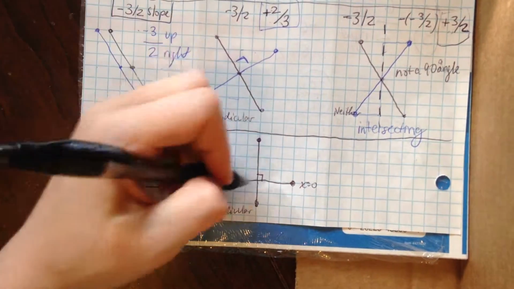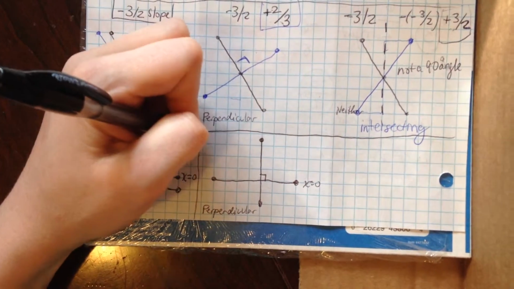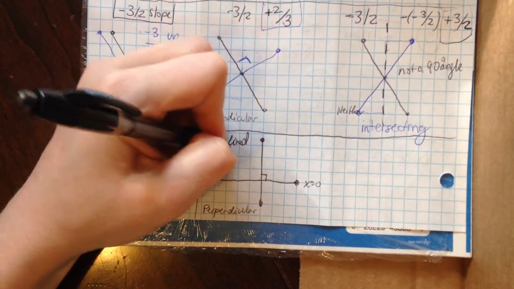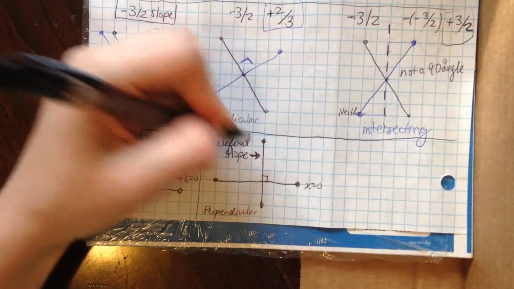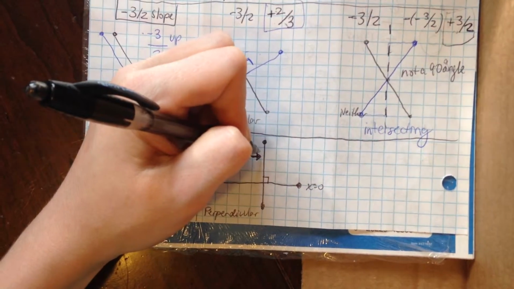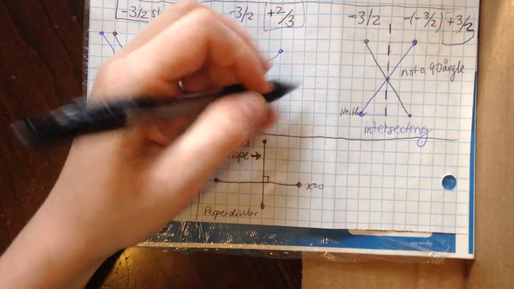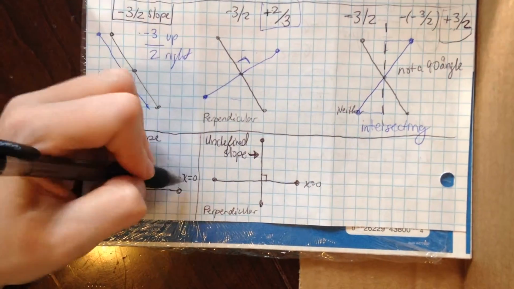Now, what kind of slope does a vertical line have? Well, we've talked about the vertical line test and how a vertical line has an undefined slope. So the opposite of a zero slope is an undefined slope. An undefined slope is found on a line that's vertical, and a vertical line would have a, this is actually incorrect.